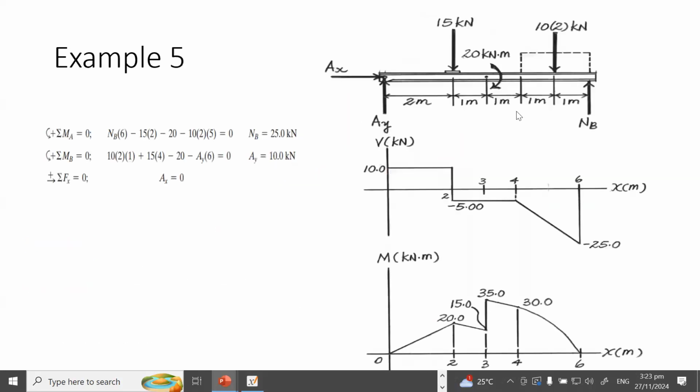And then this one here, look at this one. This is another example, example 5. See the same thing happening here? You get the reactions at A and B, right? And they call it normal reaction. Don't worry, it's the same reaction. You draw your bending moment, come down here. This part is simple first. Come in here, come down, because this here is 15. So the difference between 15 and 10 is -5.